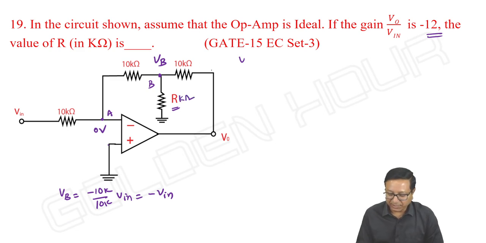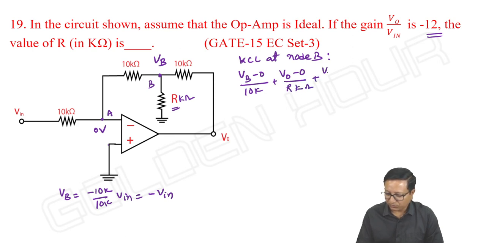Then let me apply KCL at node B. What can we write? It is VB minus 0 by 10K plus VB minus 0 by R kilo ohms plus VB minus V output by 10 kilo ohm is equal to 0.